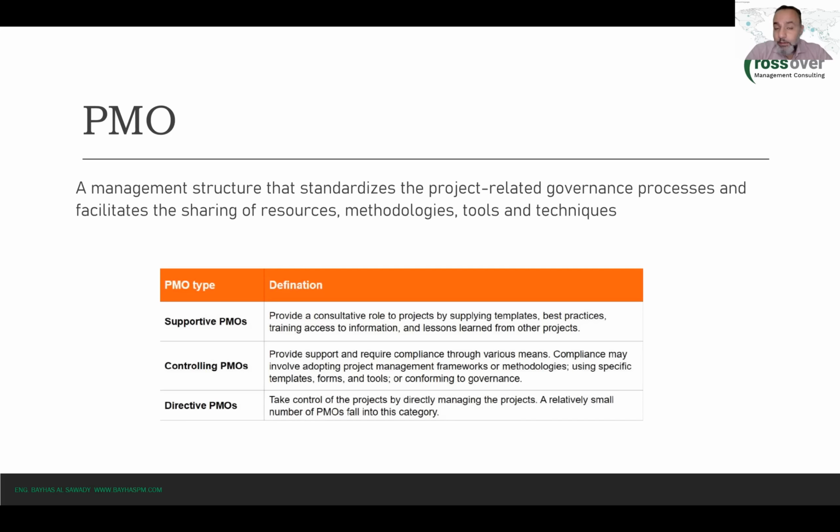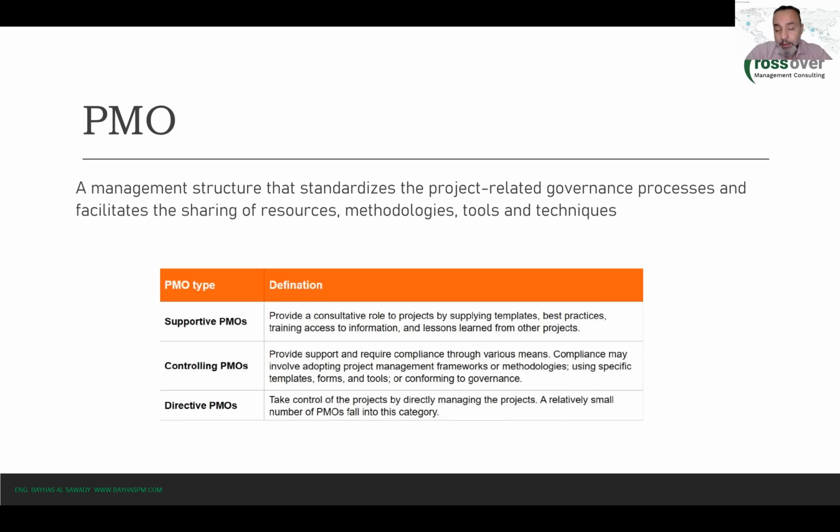The next level of the PMO is the controlling level. Now, at this level, the PMO is still doing a supportive role, but we add on that a control level where compliance is required.